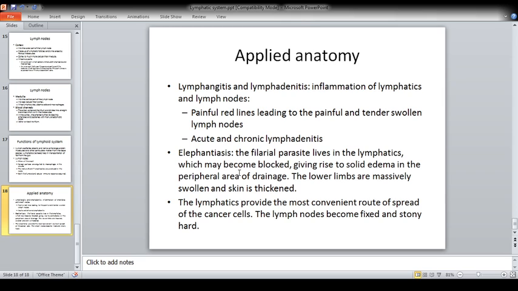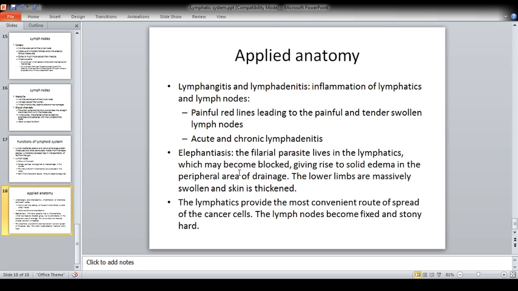Then there is a disease which is known as elephantiasis. In elephantiasis, there is a filarial parasite, filaria, that starts living in the lymphatics, and it divides and increases its population in the lymphatics, hence blocking the lymphatic channels.